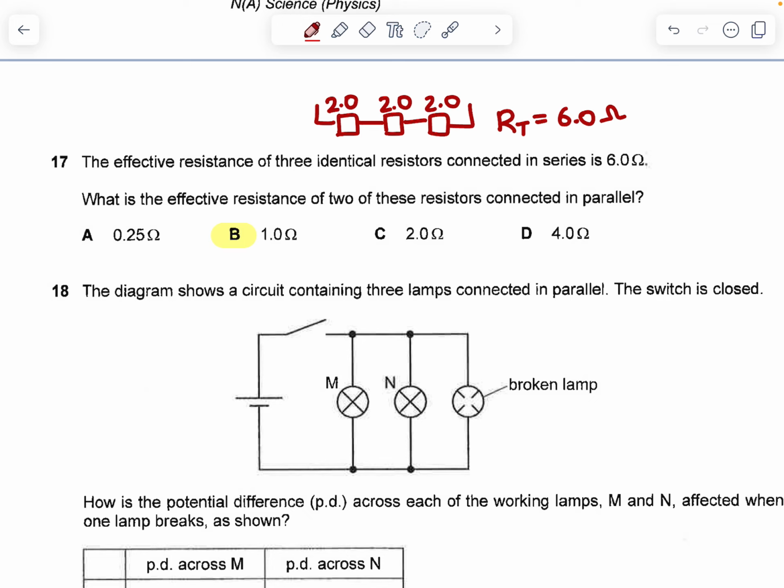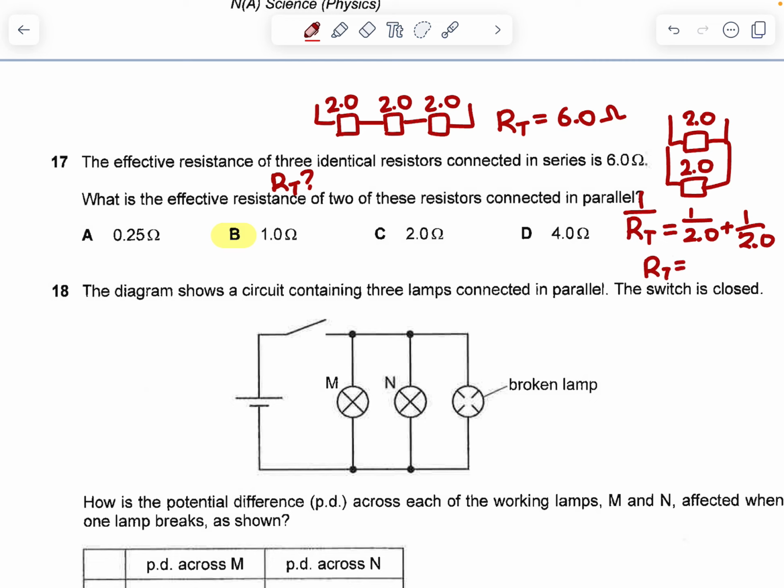So what is the effective resistance when two of these resistors are connected in parallel? So in parallel, 2.0, 2.0. In parallel, formula 1 over RT equals 1 over 2.0 plus 1 over 2.0. You calculate RT equals 1.0 ohm.